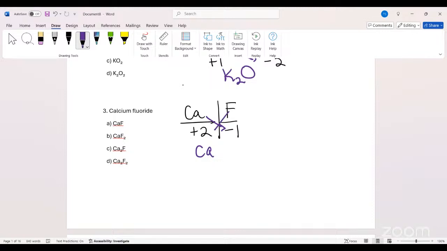Fluorine is going to take the 2, so it becomes CaF2, okay? So you've got to swap those charges. So you end up with CaF2. So the answer would be letter B in this particular example. Yes, good job.